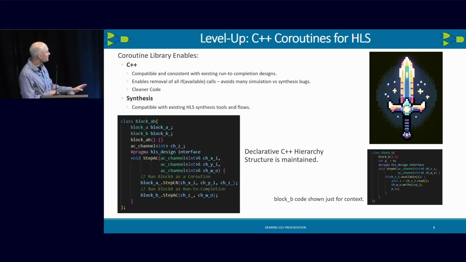For example, this block AB is showing a hierarchical design where we're going to call block A and block B. Here I have block A simply running in a coroutine context, and then block B running in a run-to-completion context, and everything just works in that familiar context for people already designing with HLS, so that the C++ declarative hierarchy and structure is clearly maintained, even though we've added this suspend and resume capability.